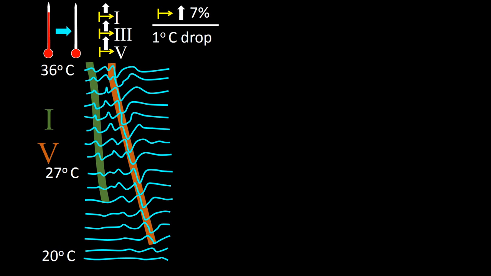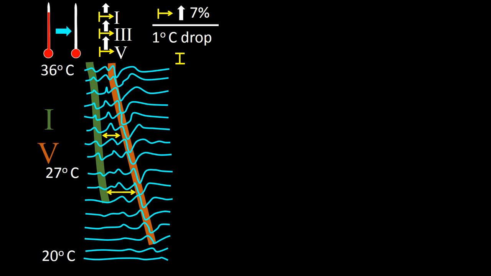It has been estimated that for each 1 degree Celsius drop in temperature, latency increases by about 7%. The 1 to 5 interval indicated by the arrow increases as the temperature drops, as you can see by comparing the upper and lower arrow.